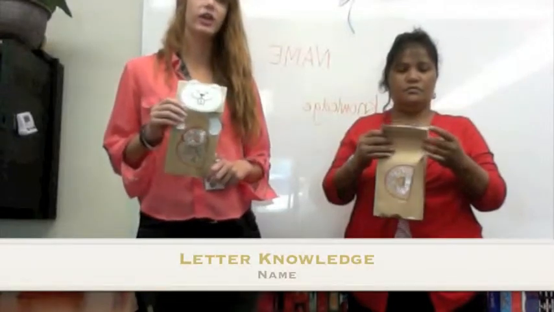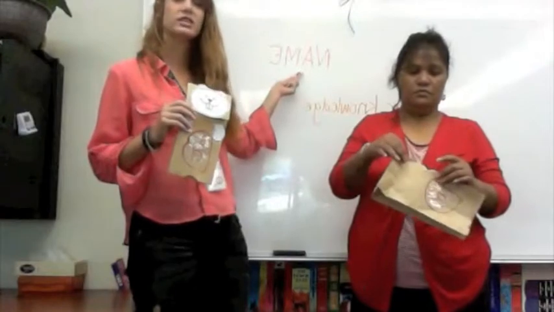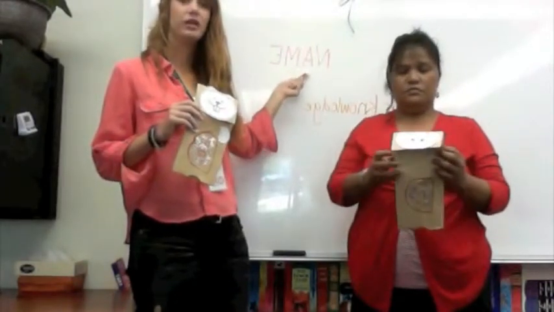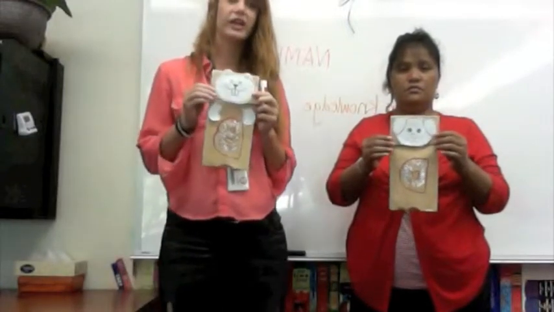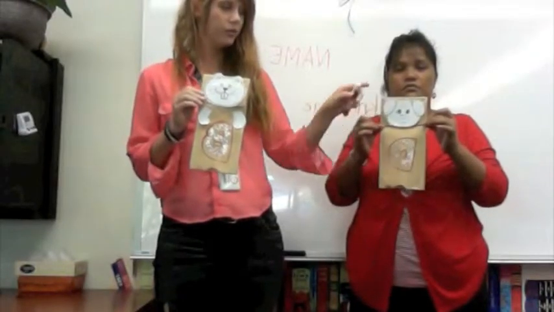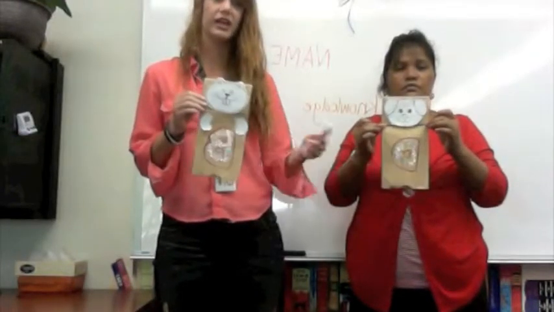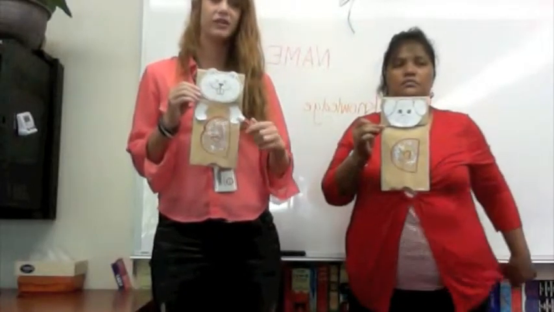Okay, for our last activity, we are going to help show how we can reinforce the aspect of name of letter knowledge. So we have right here with us 2 puppets. Reiko has a dog puppet with the letter D written on the outside, and I have a beaver puppet with the letter B written outside of it.